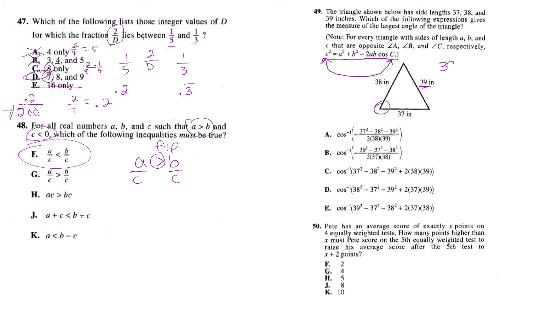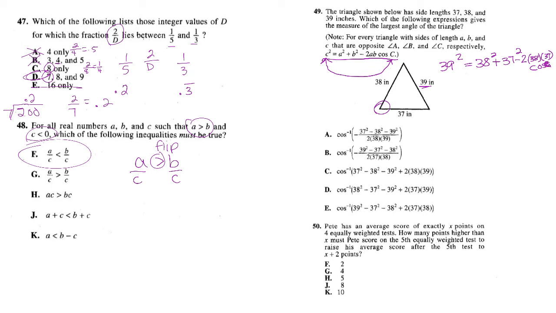So we have 39 squared equals a squared. Well, 38 and 37, it really does not matter. And let's see, minus 2 times that product, minus 2 times 38 times 37, cosine C.